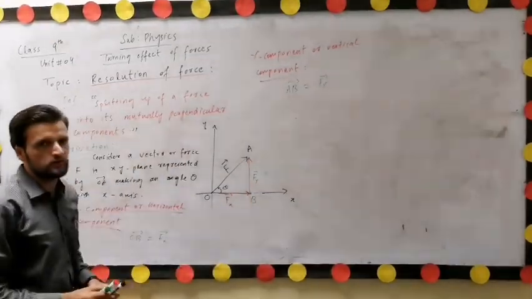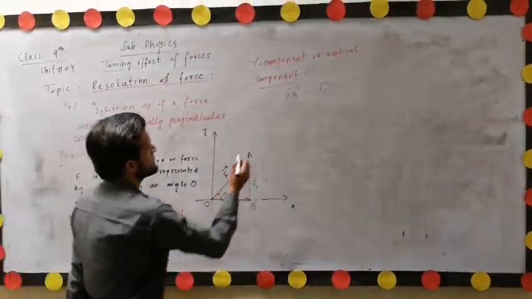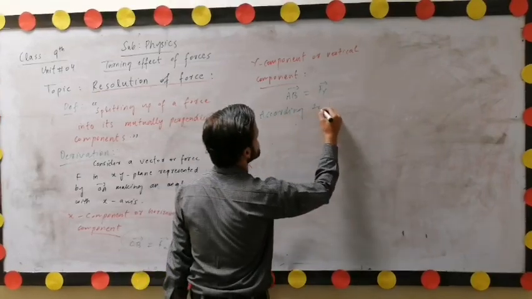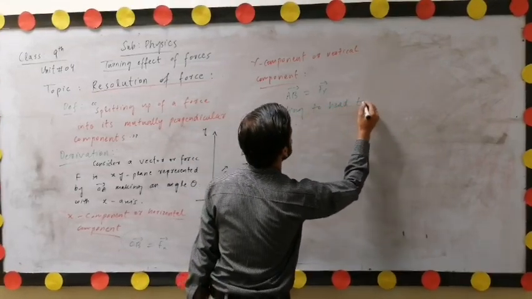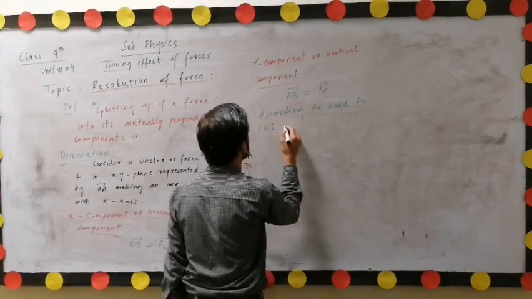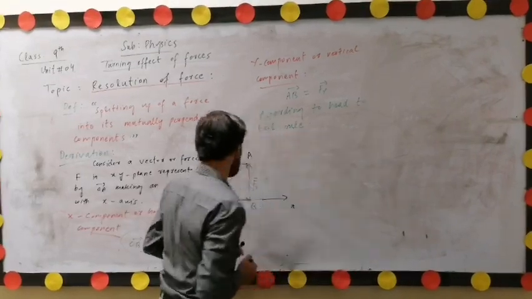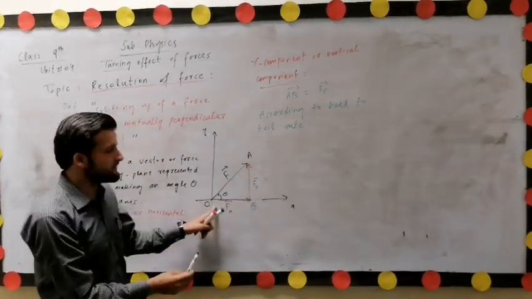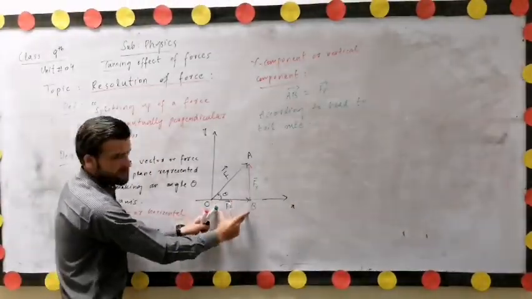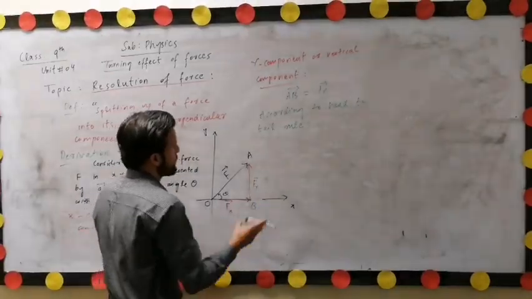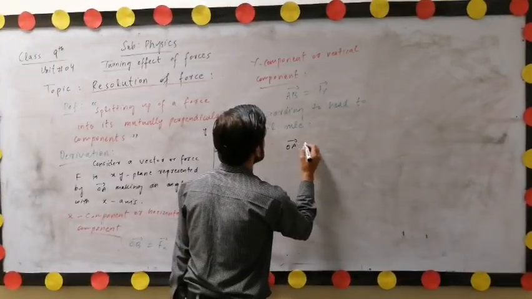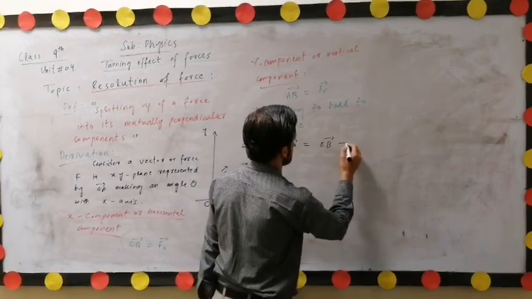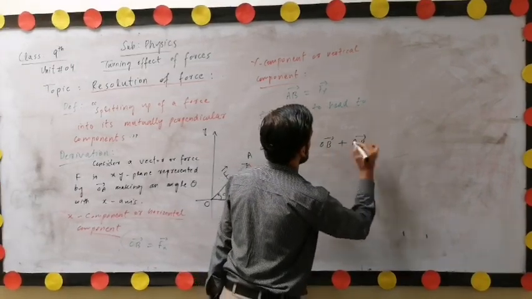So according to the head to tail rule, OA is the resultant of the vectors OB and AB. So OA equals OB plus AB.